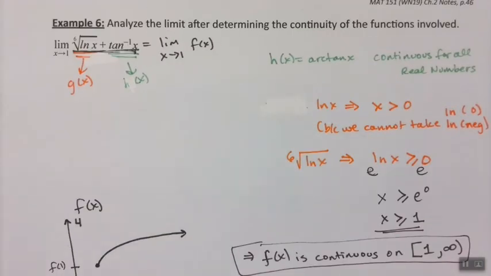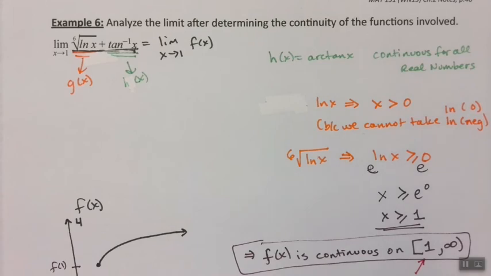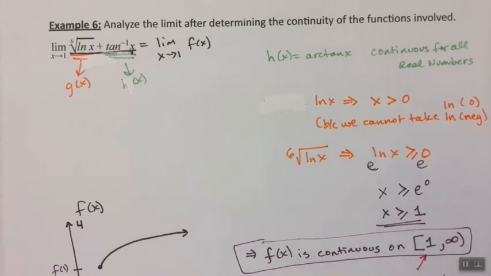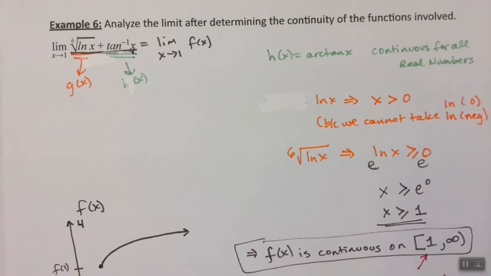So the reason it's at 1 is because if I take the sixth root of the natural log of 1 plus the arctangent of 1, well, the natural log of 1 is 0, so that's the sixth root of 0 plus the arctangent of 1 on the unit circle. You're trying to think about what angle would get you a tangent of 1.